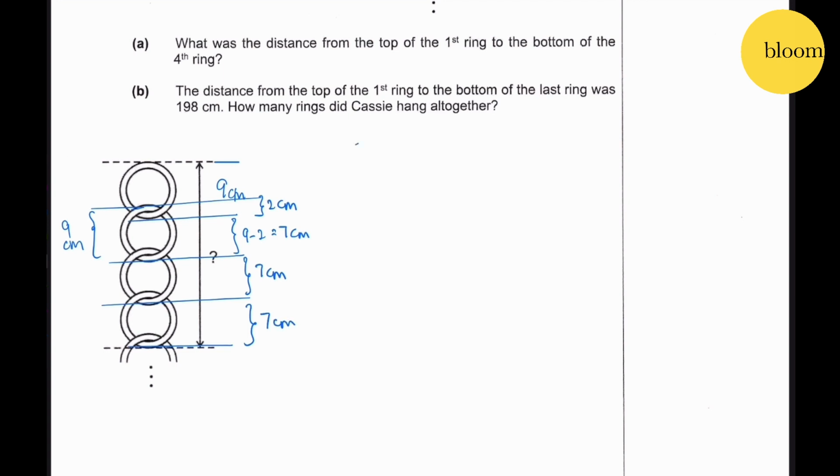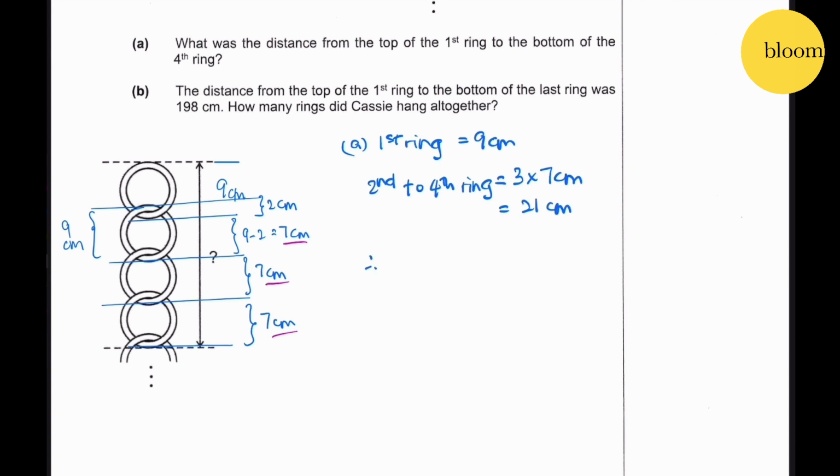So, for A, first ring is 9 cm. Second ring to fourth ring equals 3 (1, 2, 3) times 7 cm equals 21 cm.